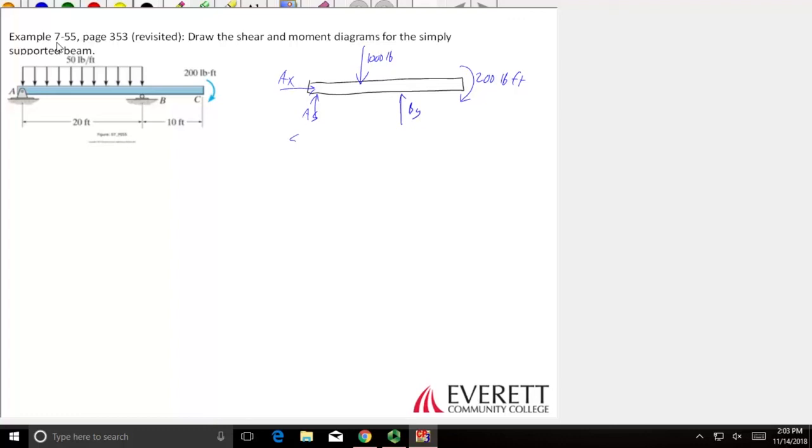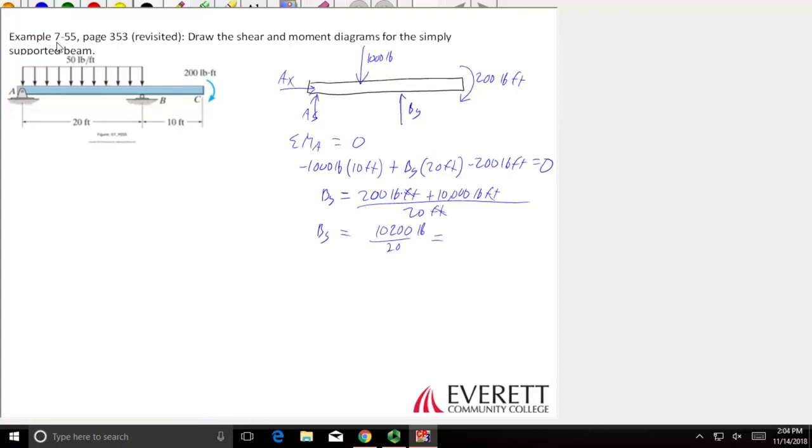Okay, sum of the moments about point A is equal to 0. Okay, so By is 510. Then we're going to use the sum of the forces in the y direction is equal to 0. Ay equals 490 pounds. That's all just step 1.